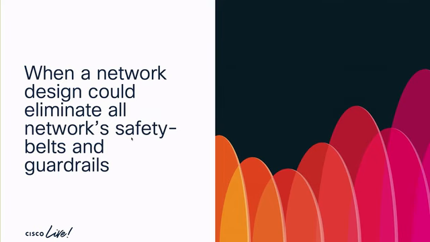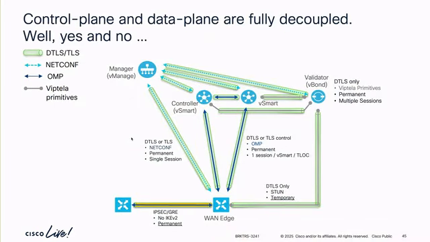And the last but not least, and this is my favorite, to be honest. Normally, what would you expect from the SD-WAN network? You would expect that the control plane is decoupled from the data plane operations. Whatever happens in the control plane should not affect the data plane, and vice versa.